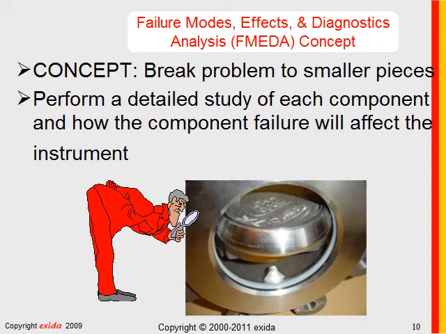And the fundamental concept is take a big problem and break it into smaller pieces. If a product is manufactured from 200 or 400 components, if we look at each component, understand which ones are necessary to perform any given function, and get the failure rates for each of the necessary components, it's a lot easier to get the failure rate data for the component than it is for the product.